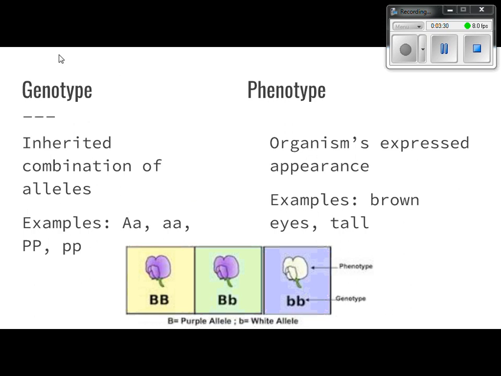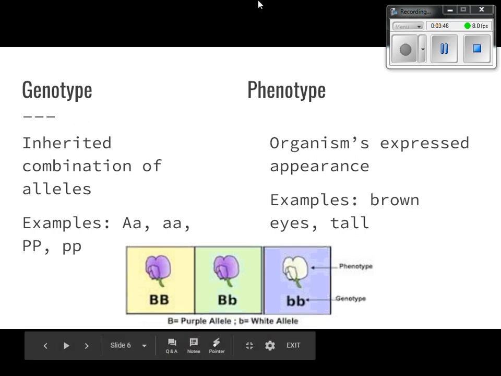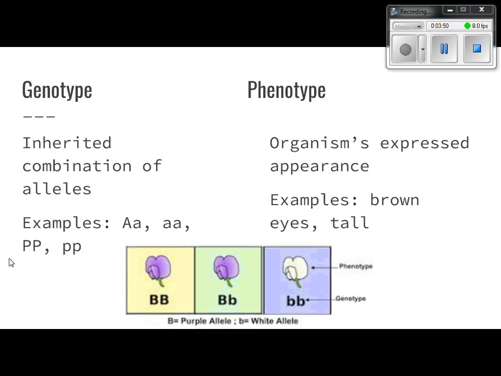When we talk about genotype, we're always referring to the actual alleles. And remember, alleles are represented by either a capital or a small letter, depending on if they're dominant or recessive, and we'll get to that in a minute. But the genotype is always represented by letters, saying, hey, these represent the actual genes that you have.